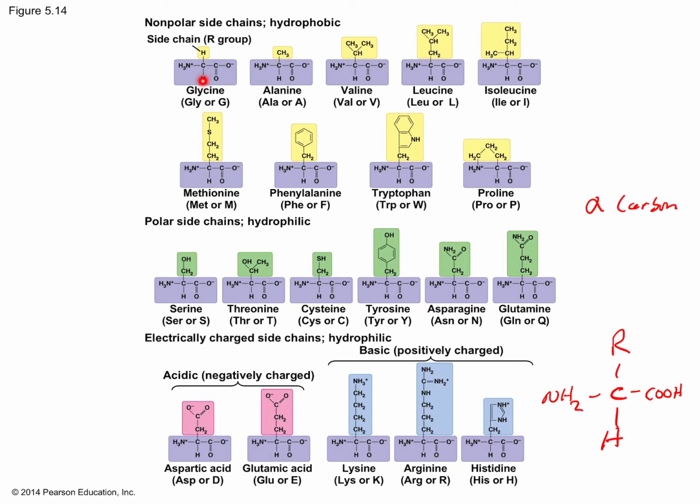Here we have amino acids that are unusually acidic. They donate protons extremely well to solution, driving the pH down. Here we have amino acids that are extremely basic. They take up protons, H plus, from solution and drive the pH up. All right, so this is really very important in terms of understanding overall protein structure.